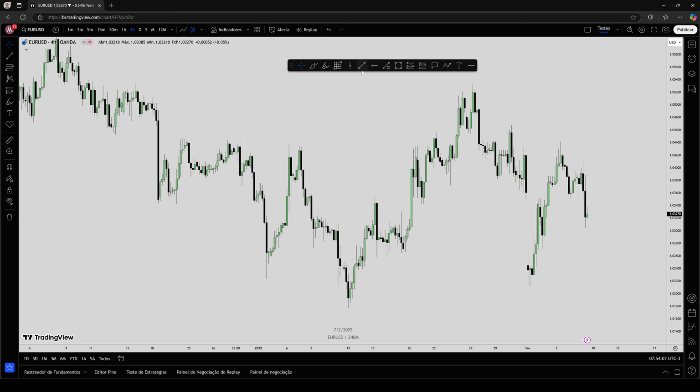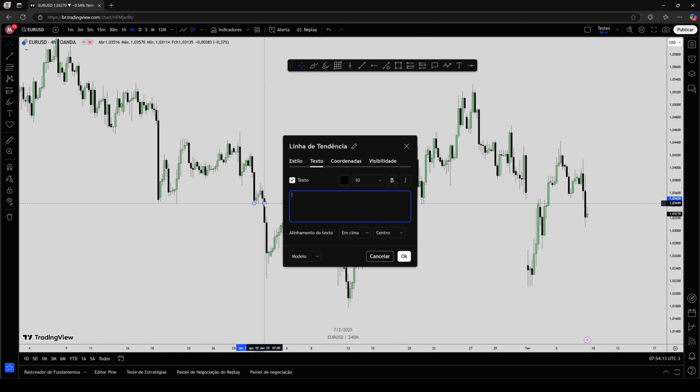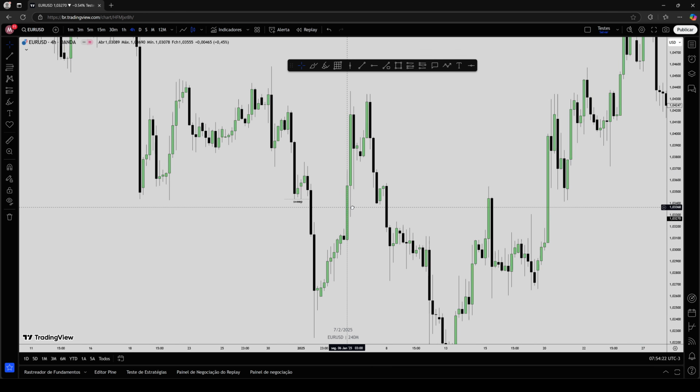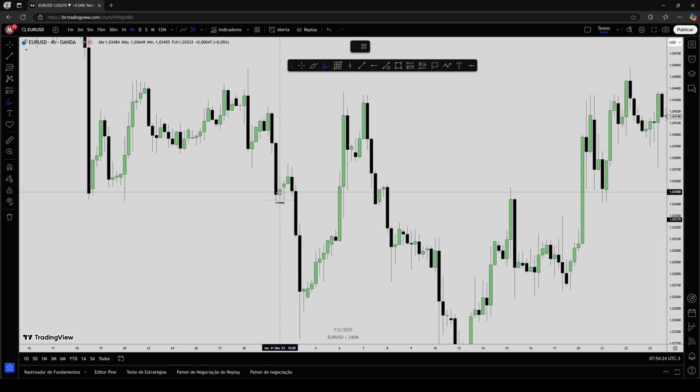I'm going to choose a very simple one here, which will be this low. Then you can name this as sweep. It'll be easier for you to see later. Okay, I'm going to zoom in here so you can see the trick formation. You see that this candle, and this low right here, both are trick formations, but at the same time, they are equal lows.